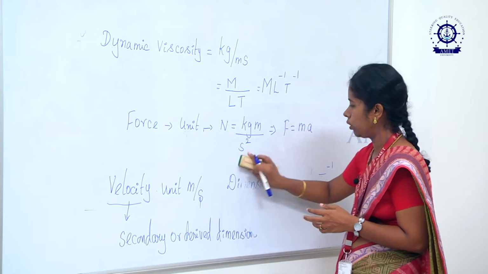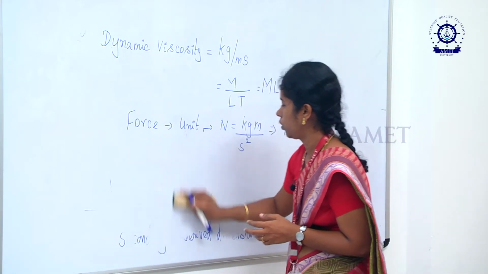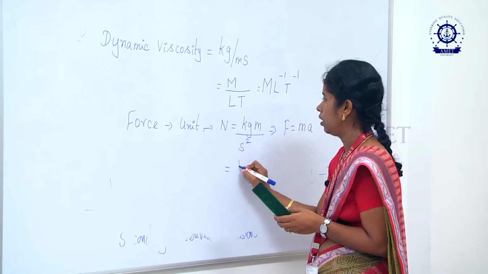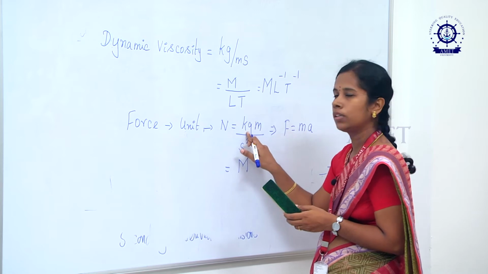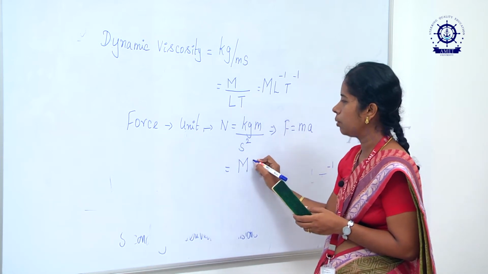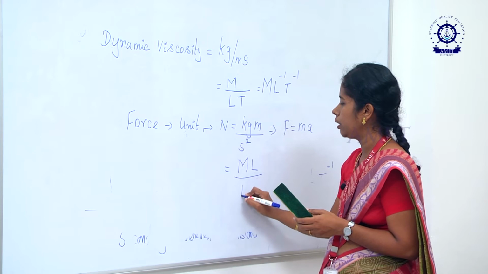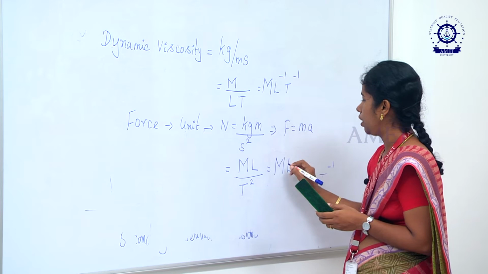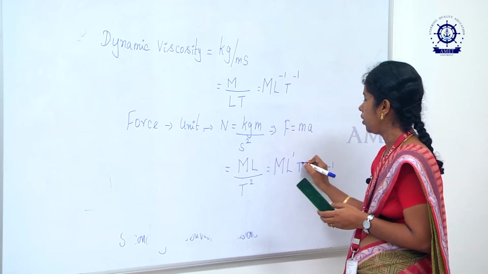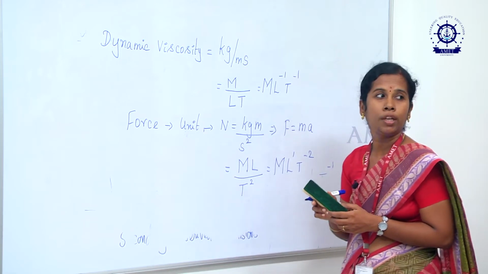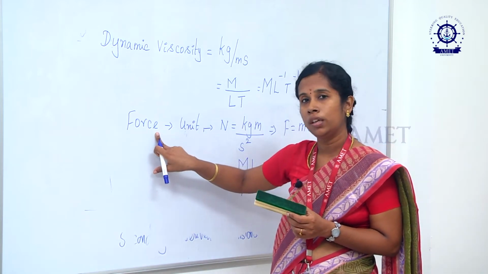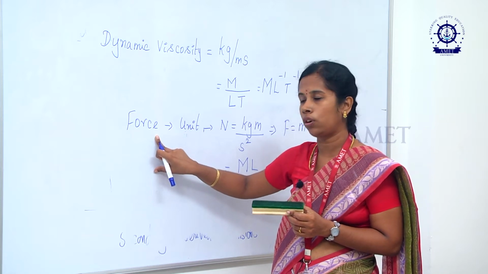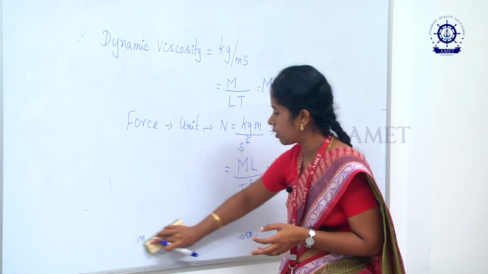So the dimension for force becomes: kg is written as M, meter as L, divided by T square, so it is M L power 1 T power minus 2. Any quantity which we derive with the help of fundamental dimensions is called a secondary or derived dimension. I have given only 2 or 3 examples.